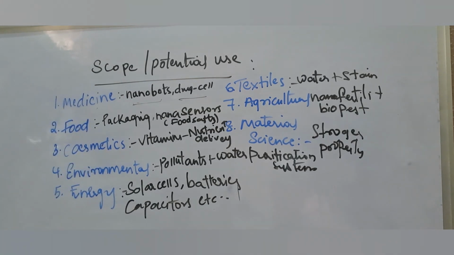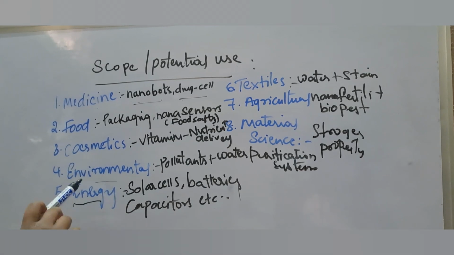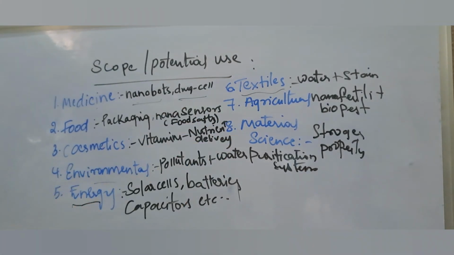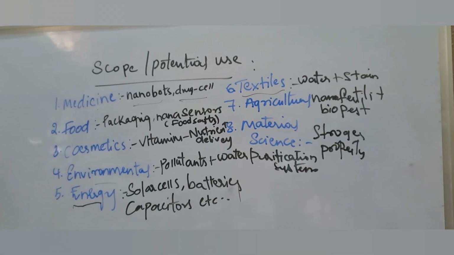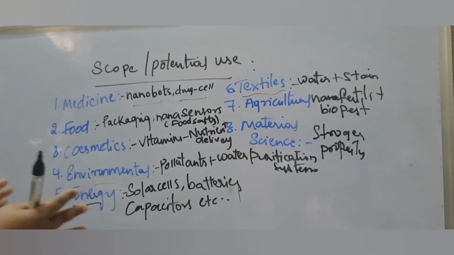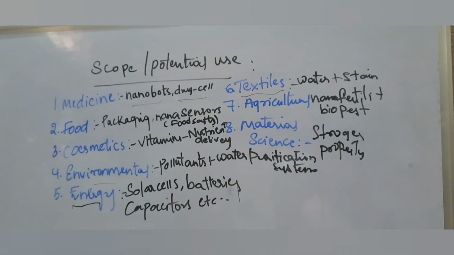So the medicinal industry, food industry, cosmetic industry, environmental industry, energy industry, textile industry, agricultural industry, and material science industry. These are the potential uses or scopes of the industries using nanotechnology to develop different types of nano materials.